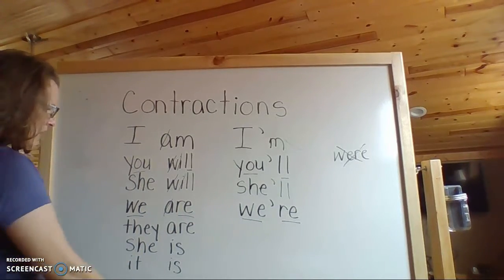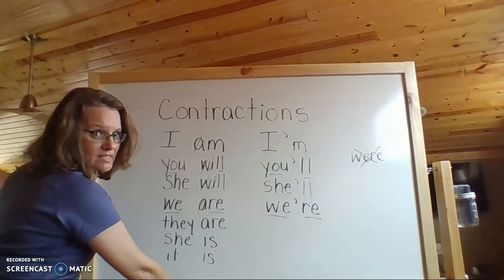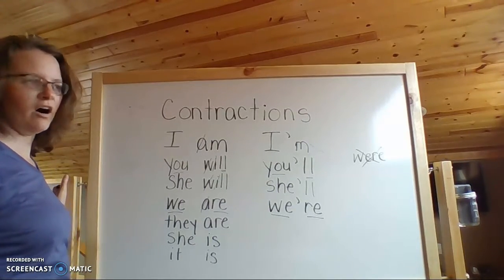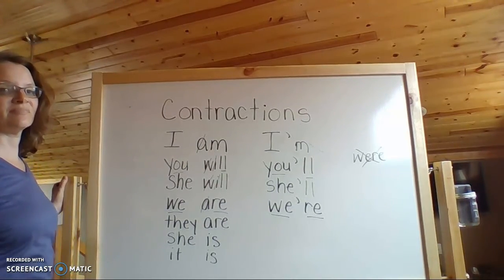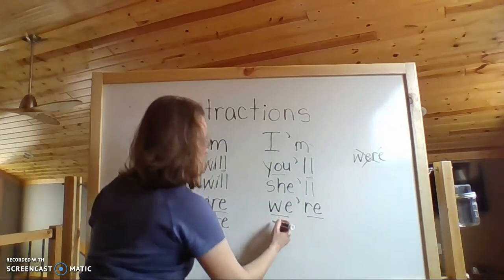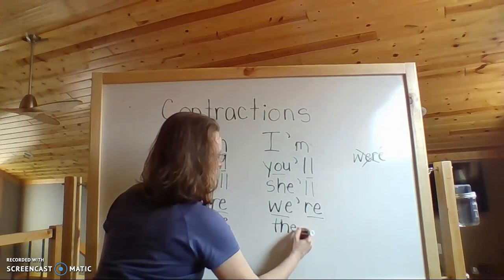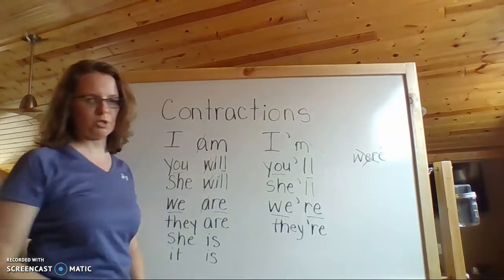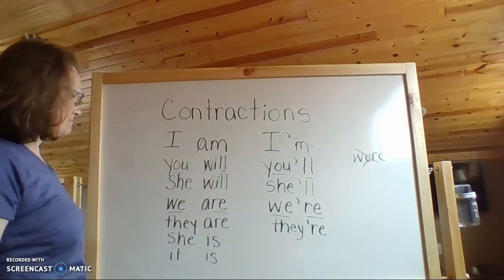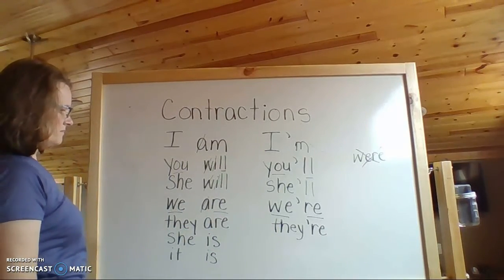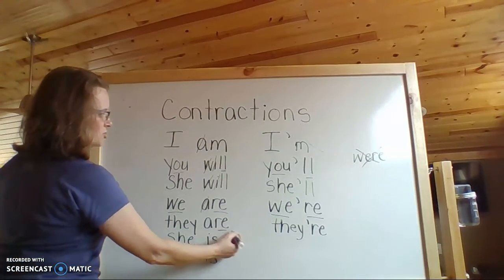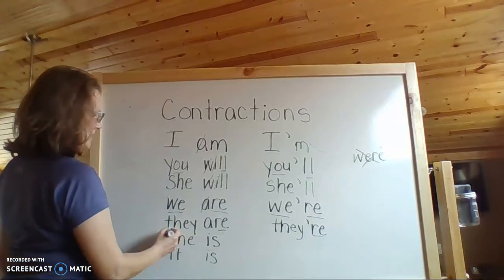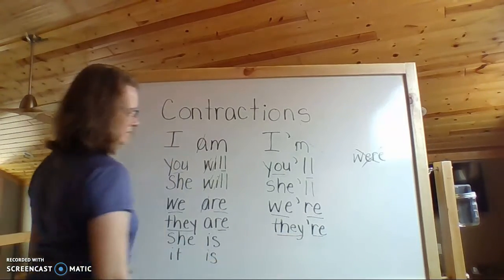All right, moving on. Next we have they are. What's the contraction for they are? They're. They are going to the grocery. They are. Again, in this contraction, what gets kicked out?